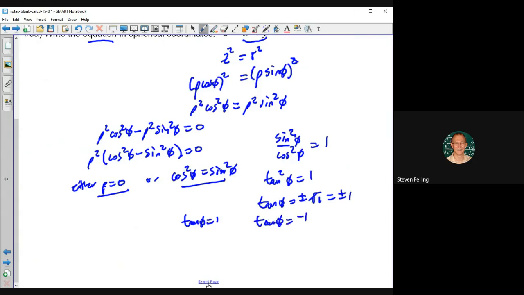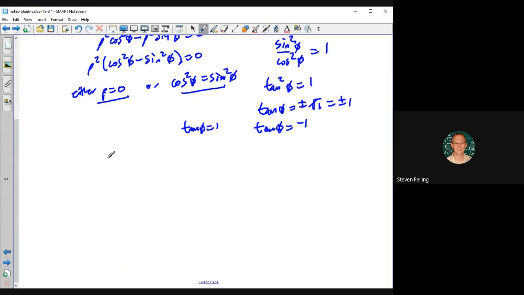And what would that look like? Well, where are angles' tangents equal to positive 1 on a unit circle? Wherever the x and y are both positive or both negative. So at pi over 4, and at 5 pi over 4. And then the tangent of phi would be negative 1 at 3 pi over 4 and 7 pi over 4.